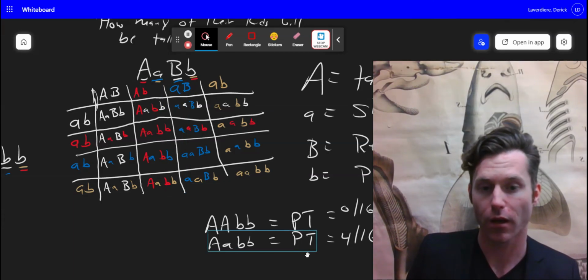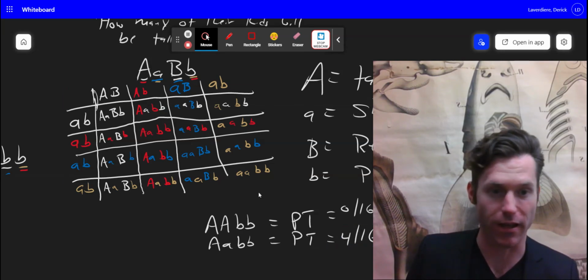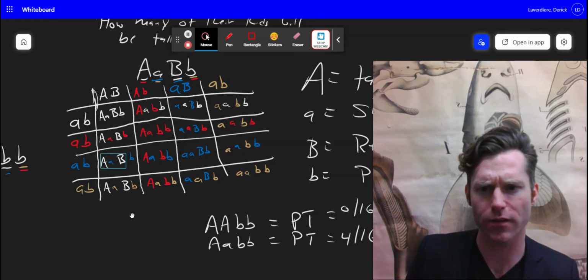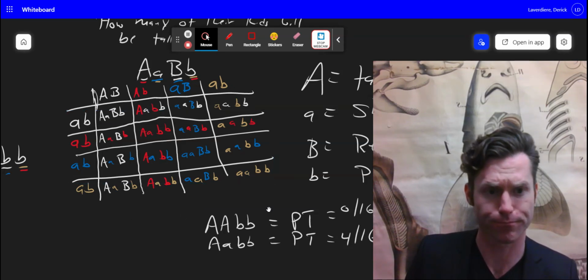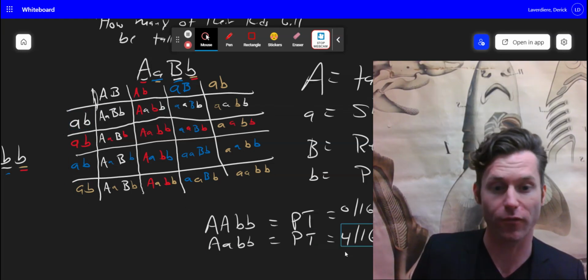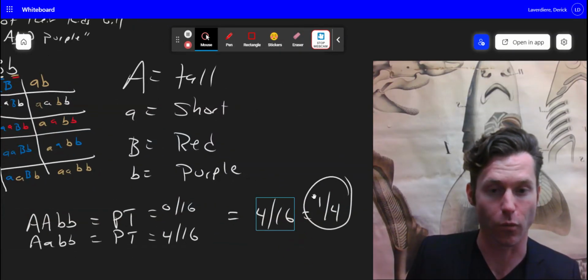So it's going to be 4 of 16 because none of these are that and none of these are that. So it's these four right here. And now you'll notice that if you go down these columns, they're all the same. And that's because the female has all the same gametes over here on this side. And so I have 4 of 16, which reduces to 1 of 4.